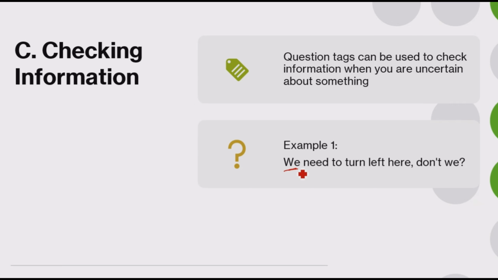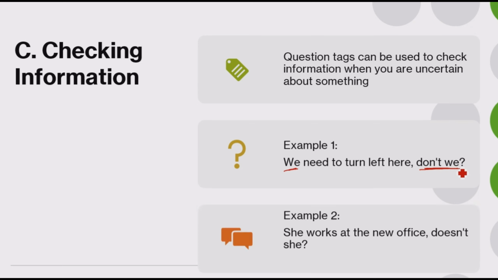What is guiding us to use don't is because we are saying we need now to turn left here. We can say didn't we if it's the past. We is the futuristic. So now we need to use don't we because it's collective, even the person who's asking that question.